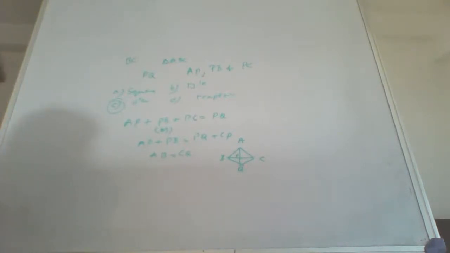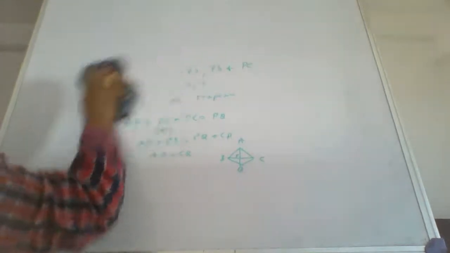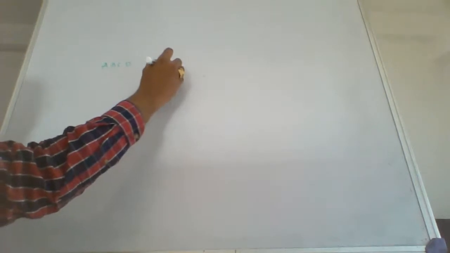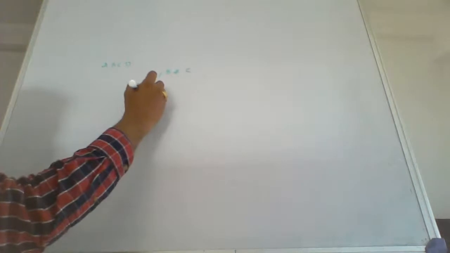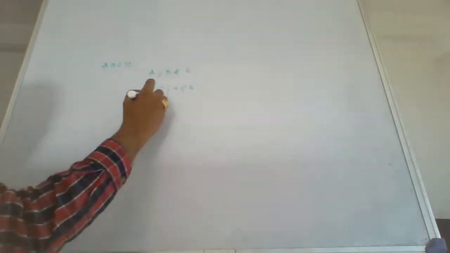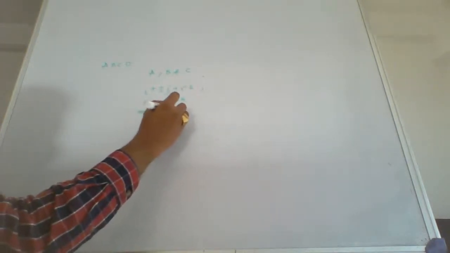Now, if I have ABCD as a parallelogram, and the position vectors of A, B, and C are given as i plus 3j plus 5k, i plus j plus k, and 7i plus 7j plus 7k.